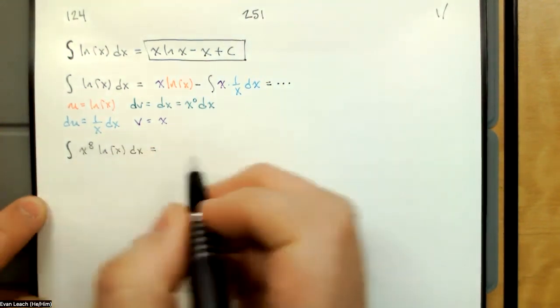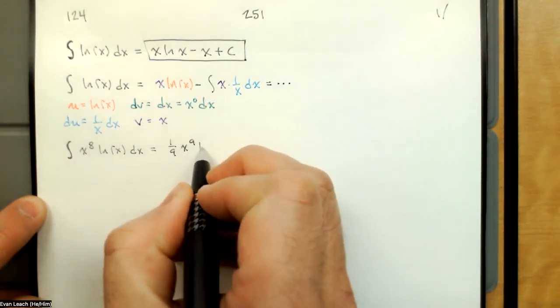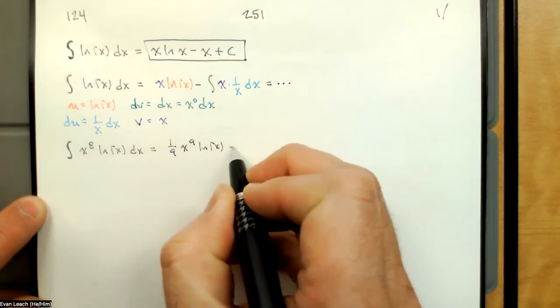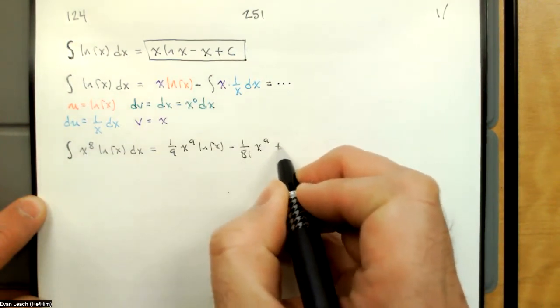So with x to the 8th, we're going to get 1/9 x to the 9th natural log of x minus 1/81 x to the 9th plus c.